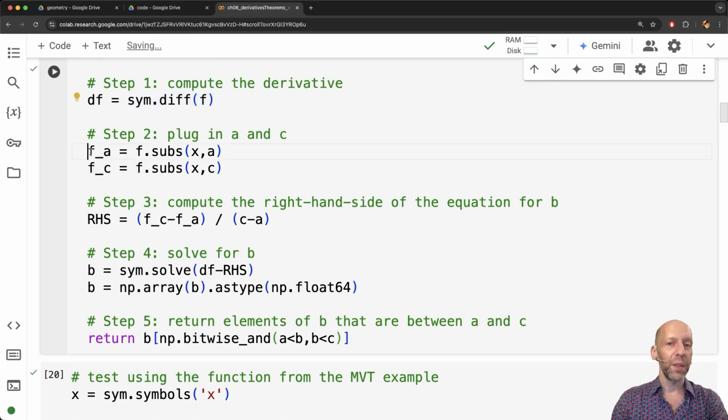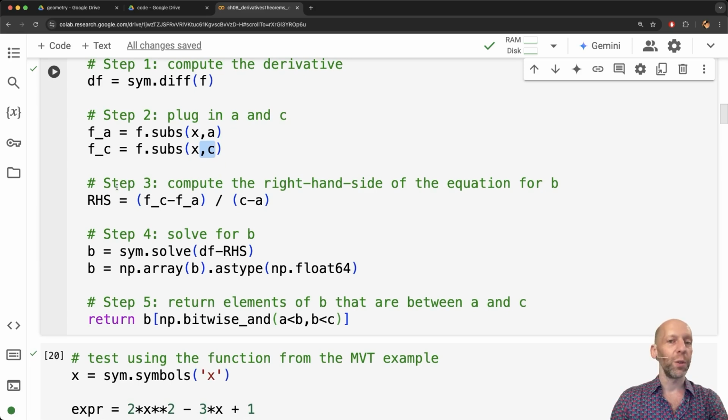Step 2 is to obtain the function values at a and c, because we need those values to do step 3, which is to calculate the slope of the secant line connecting a and c. Okay, so here I call this the right-hand side of the equation, and the left-hand side of this equation is f prime of b, like this.